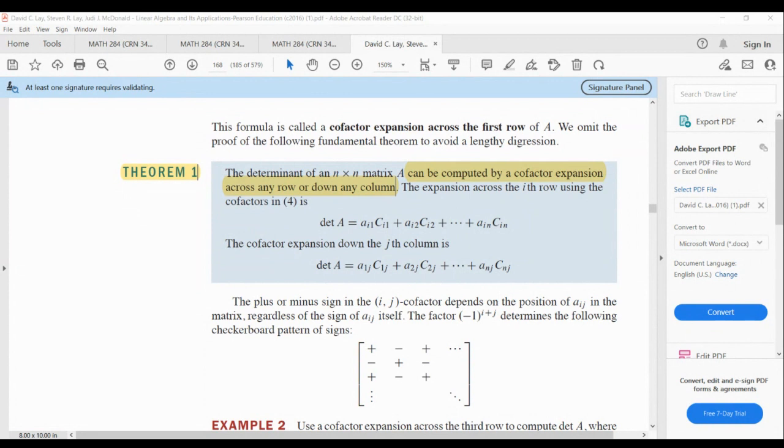And in terms of those -1 to the powers, the -1 to the I plus j power.